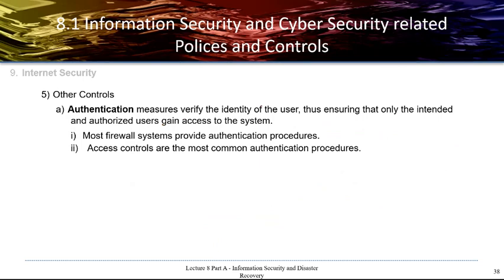So now let's look at the other controls, like authentication. Authentication measures verify the identity of the user. This ensures that only the intended and authorized users gain access to the system. Most firewall systems provide authentication procedures, and access controls are the most common authentication procedure.